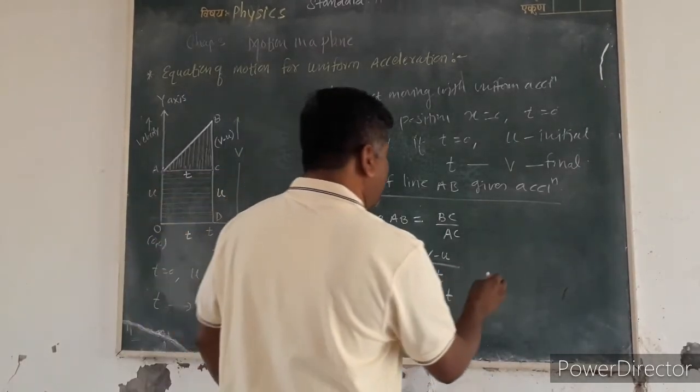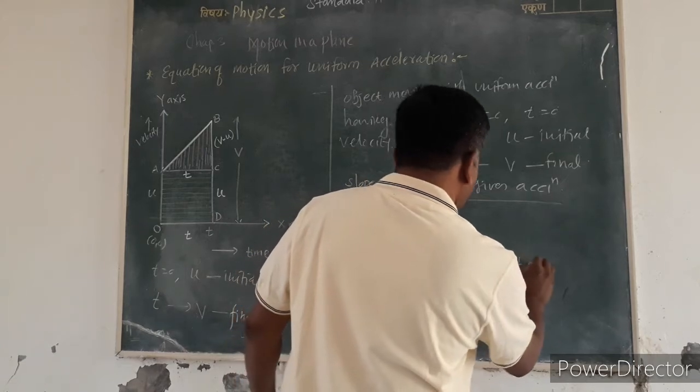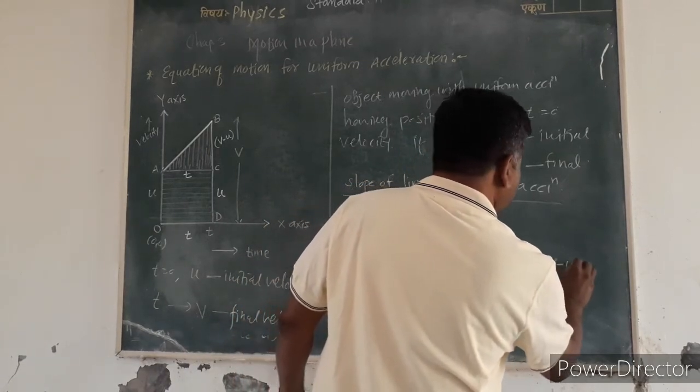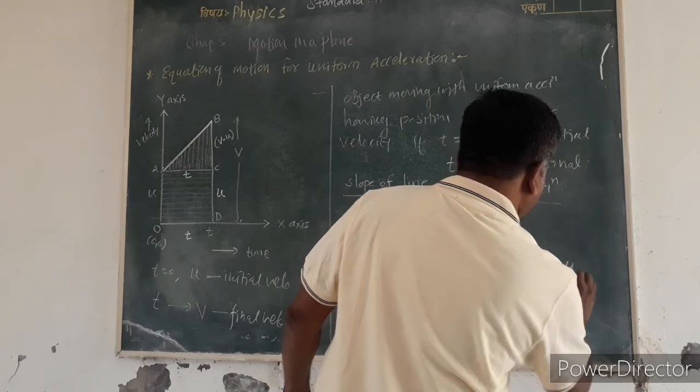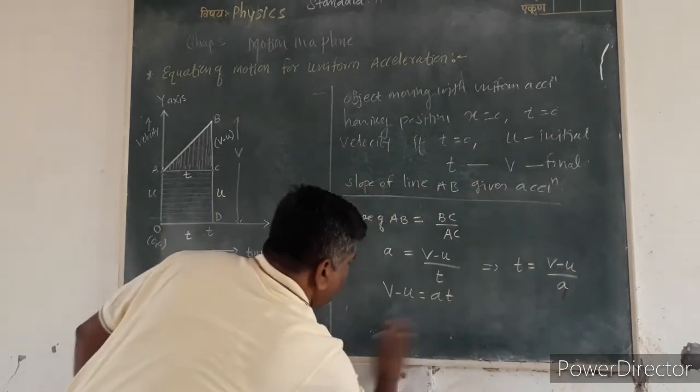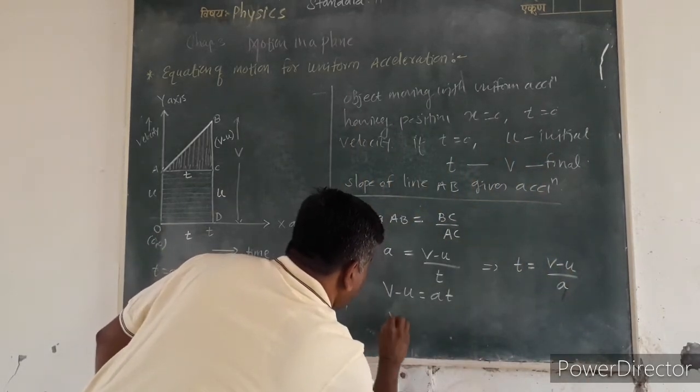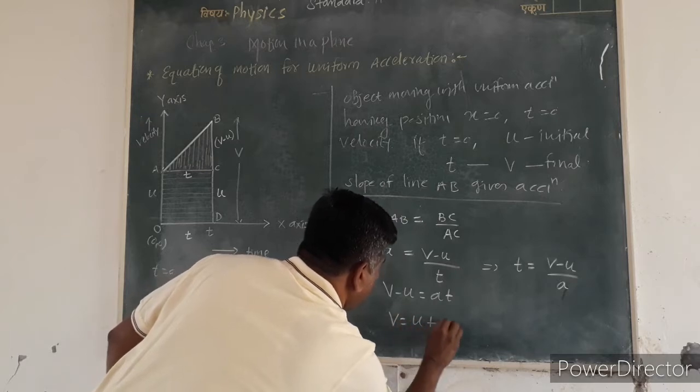Also, we find the value of t: t is equal to v minus u upon a. Or finally, v is equal to u plus at.